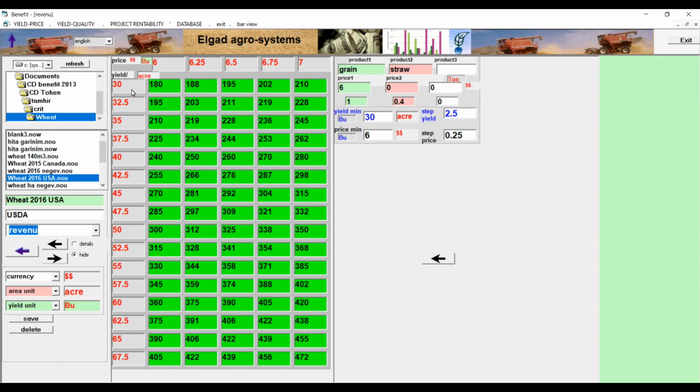Here we see, for instance, that for 30 bushel and $6 per bushel, the revenue will be 180, or at 6.25, it will be 188. So I have here a table with the different revenue depending on yield and price per bushel.